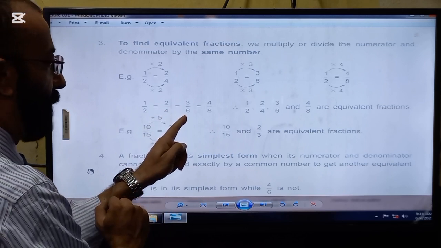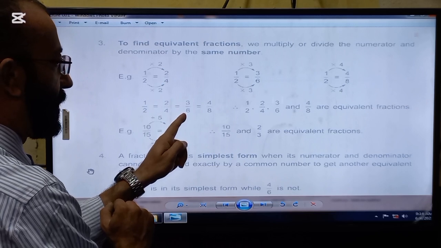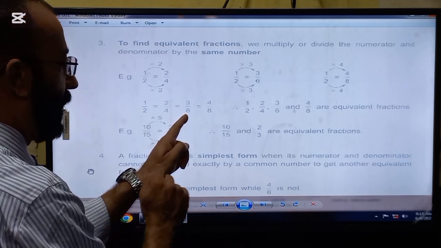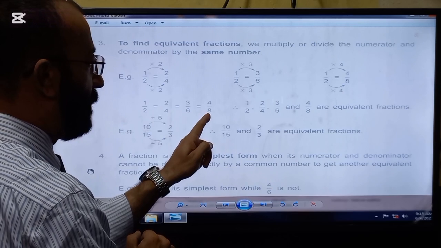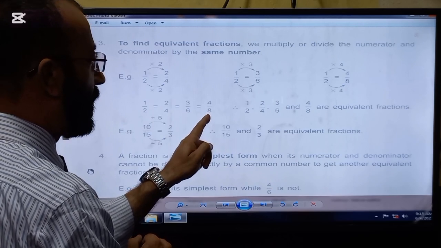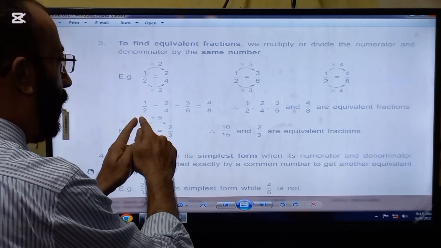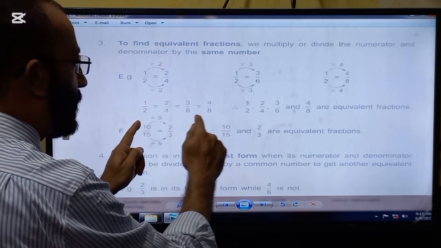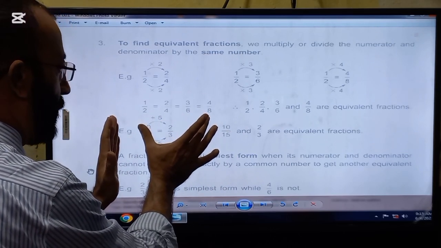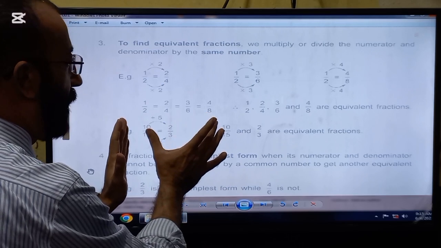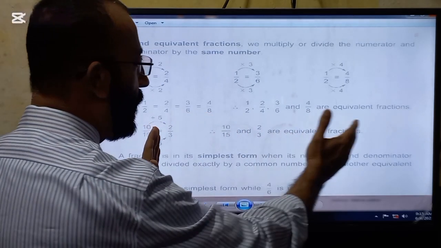This fraction will also have a value of 1 by 2 if we cancel the numerator and denominator in the table of 3, and likewise in the table of 4. So all these fractions have the same value, although their numerators and denominators are different. These are called equivalent fractions.